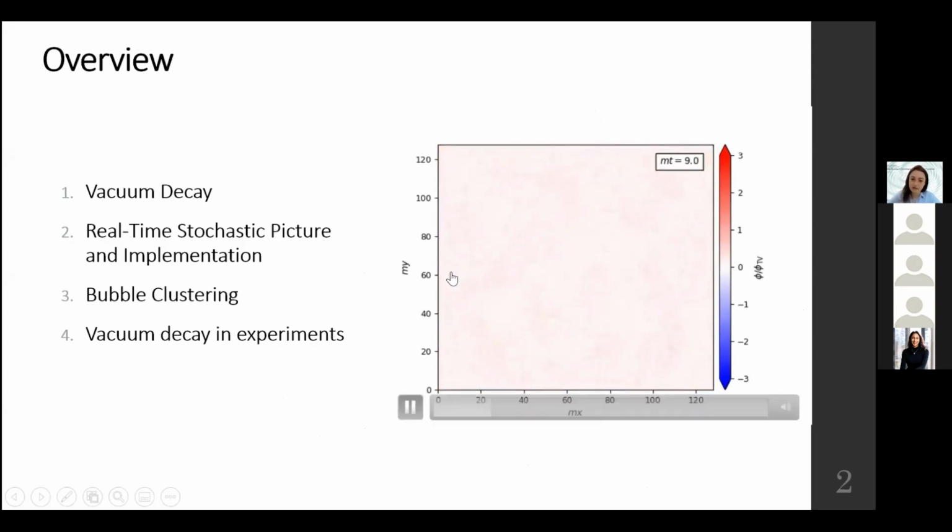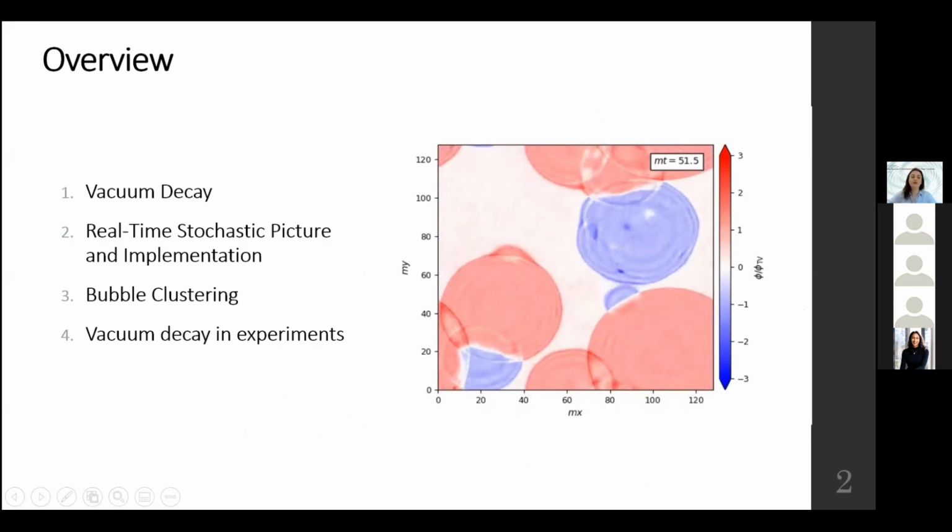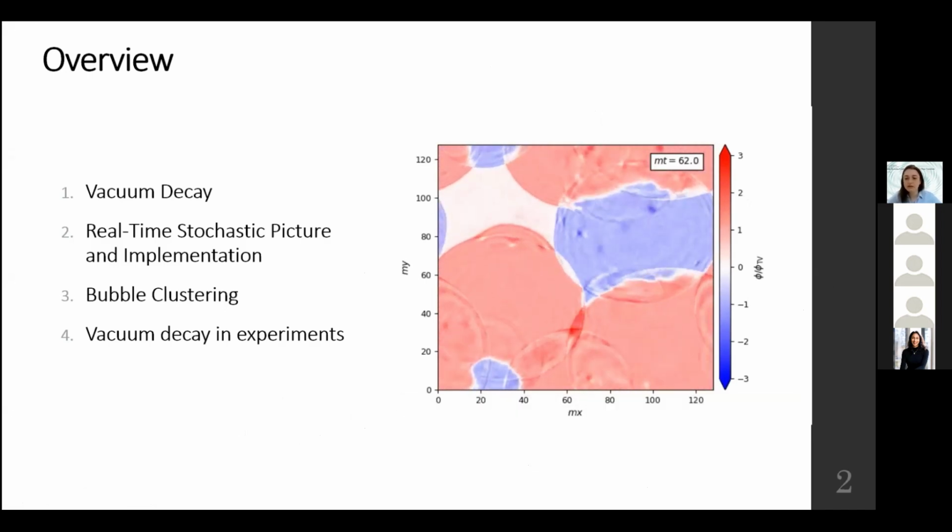I will explain how from this initial smooth background field, we get nucleation of bubbles, and these bubbles are, in this particular scenario, in this particular field theory, of two types. They either decay to a lower field value or a higher field value. I'll explain it in a lot of detail.